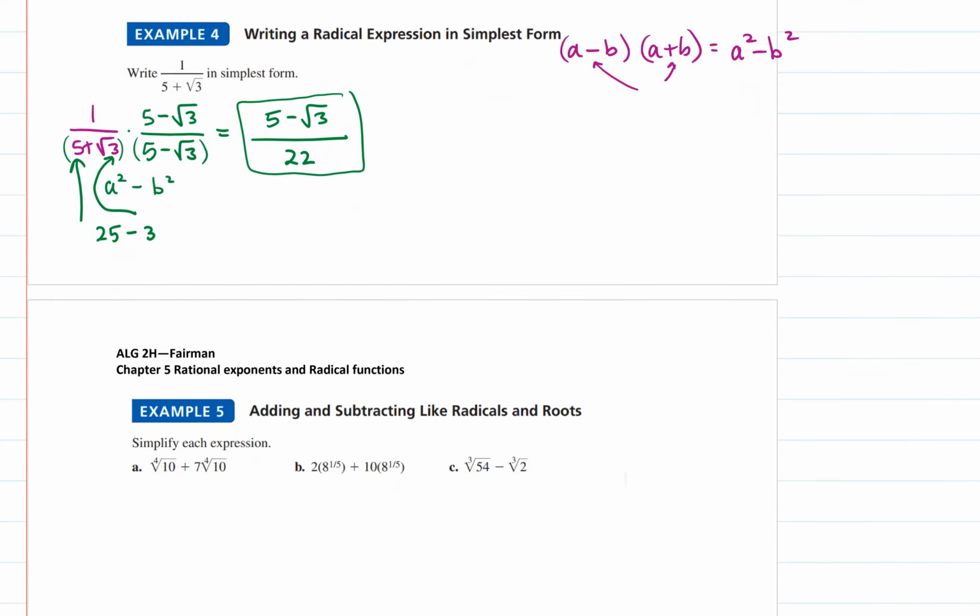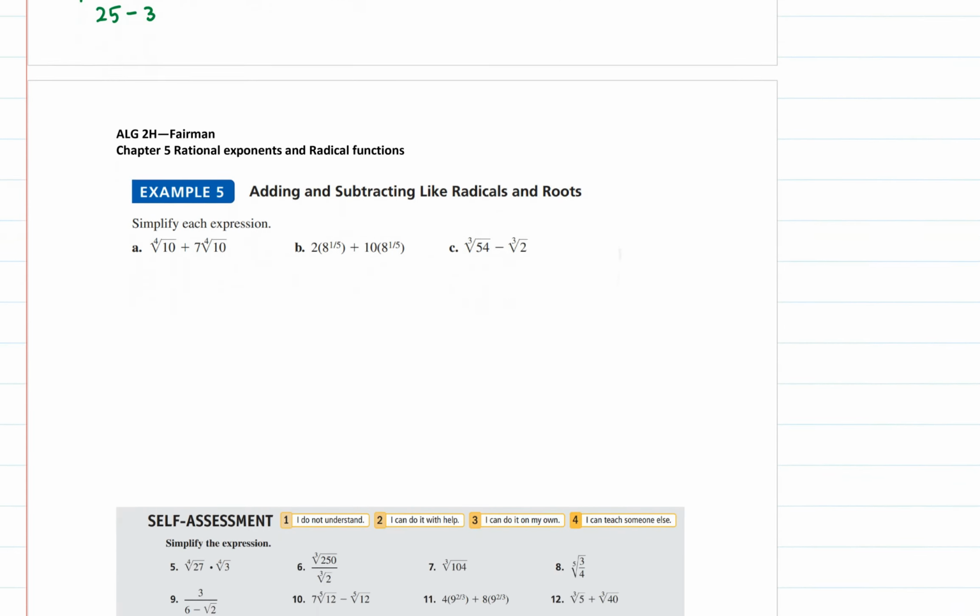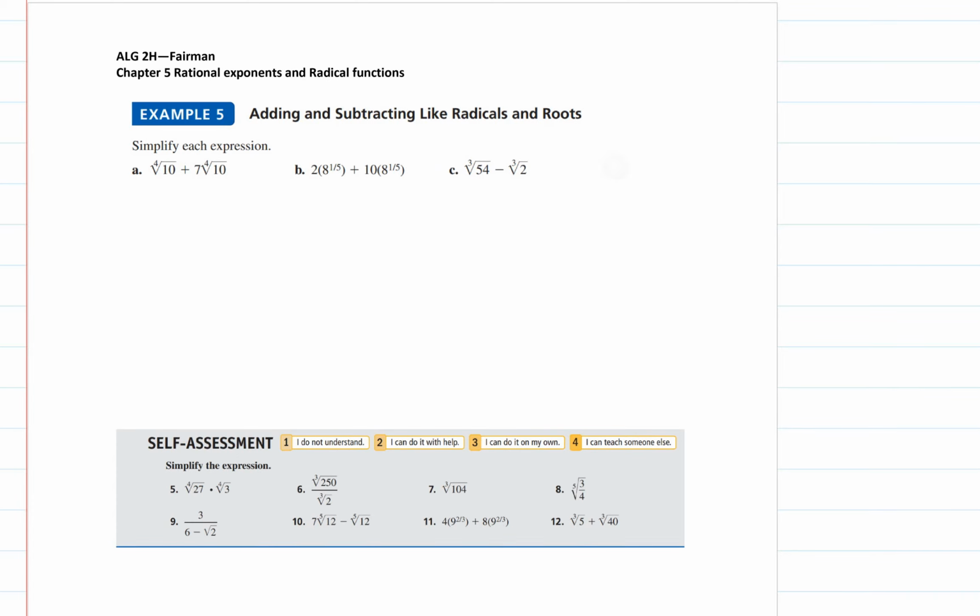All right, couple more examples before you should pause and do a little practice. So if we are adding and subtracting like radicals, what that means is that in order to be a like radical, you have to have the same index and you have to have the same radicand.